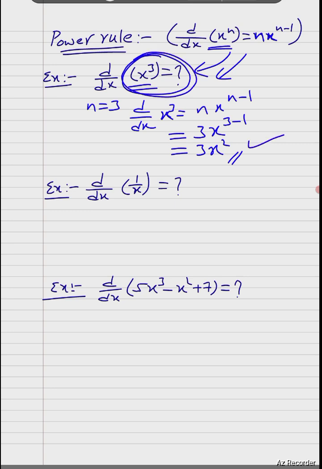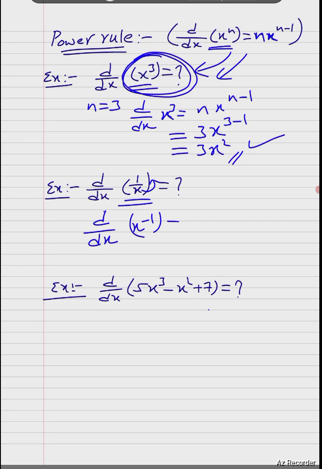Next, in the same way, let us find the derivative of 1 by x. This 1 by x can be written as x power minus 1, isn't it? Here in the place of n, the value is minus 1.